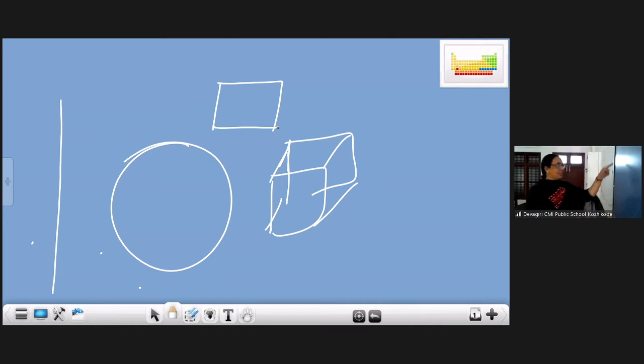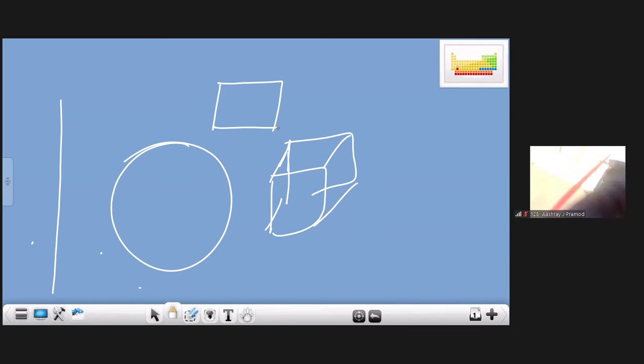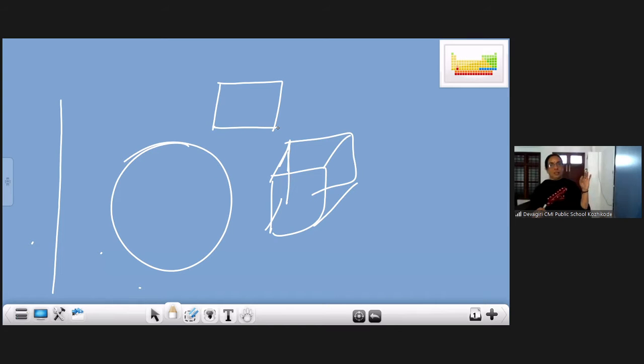Let us consider a thin wire. Imagine a very thin, long wire. Its length is very large, but compared to its length, its thickness is very, very small. Imagine I have given a positive charge to it.